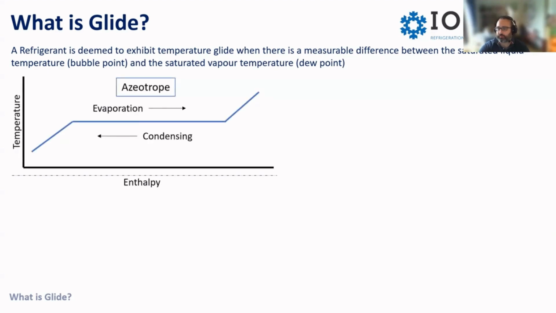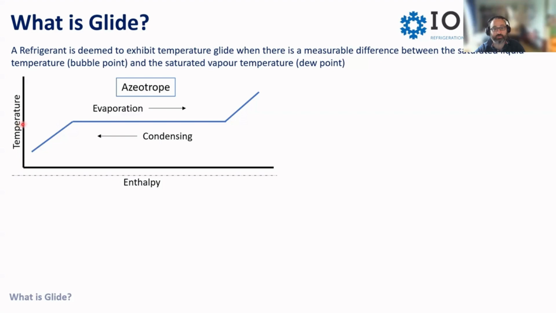So here is a temperature enthalpy graph, which shows how sensible and latent heat changes during a change of state in single components like water. And these are called azeotropes. If we take the example of a kettle, we put cold water in, we heat it up, and we get a sensible increase in heat.